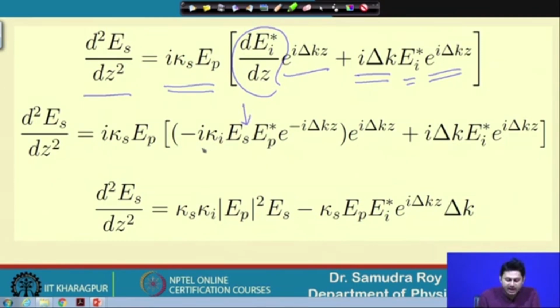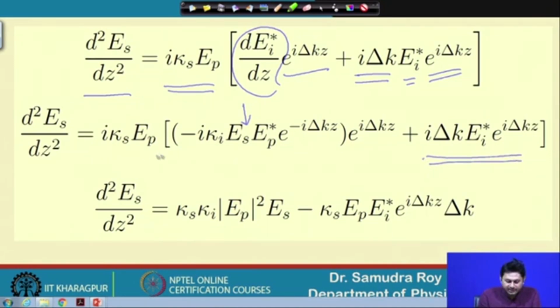So it is i kappa_i E_s star E_p, but now it is the star of that. That is why a negative i will be there, a negative sign, and E_s will be starless and E_p will be star, and the exponential term will also have a negative sign. So I replace this dE_i star/dz here, and whatever terms we have, we just write in this way.